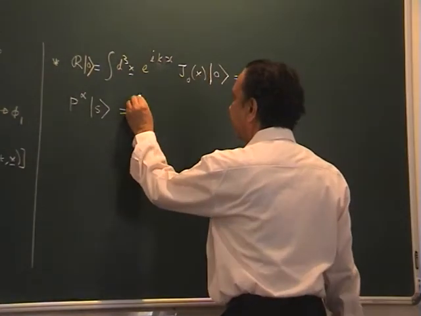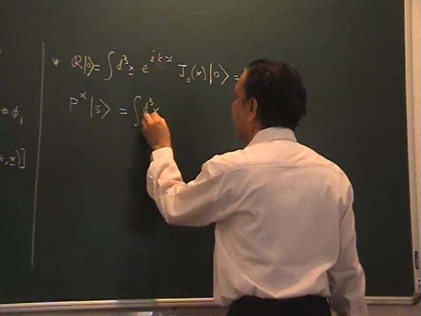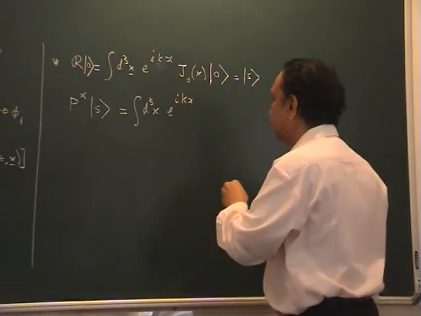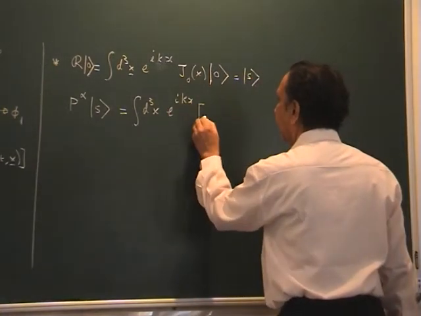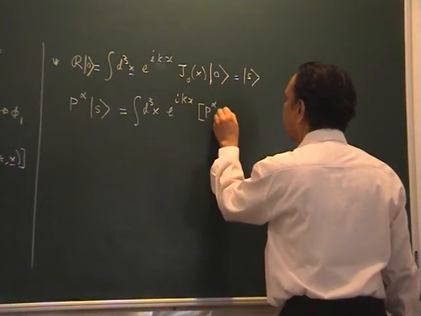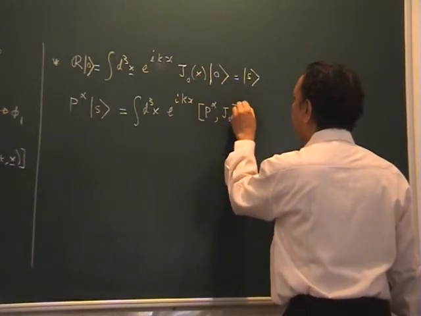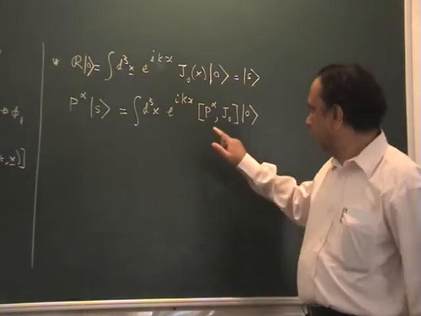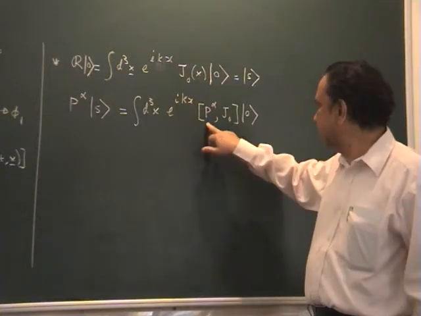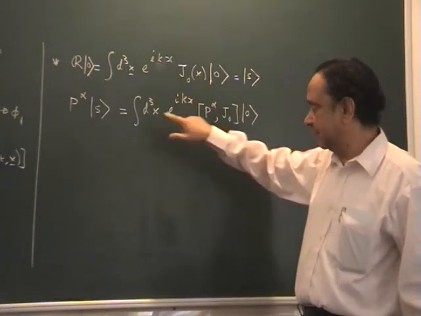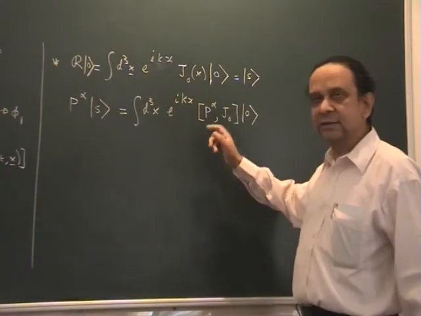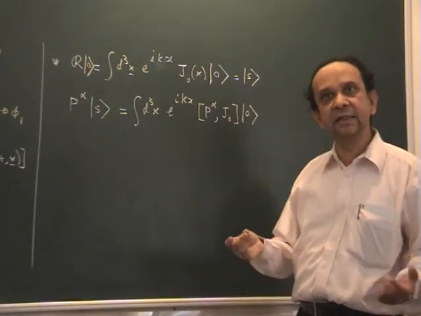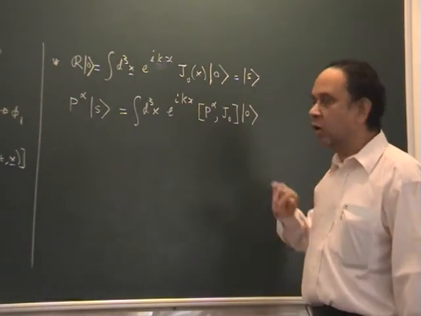That is, I claim this is equal to integral d3x e to the I kx, P alpha commutator J0 acting on the vacuum. Let us make sure we understand that. One way is to just look at this. This has a P alpha J0, which is exactly this quantity. Then it has a J0 P alpha, but P alpha acting on the ground state gives me 0, because the ground state has 0 energy and 0 momentum. Okay. So you have got this.